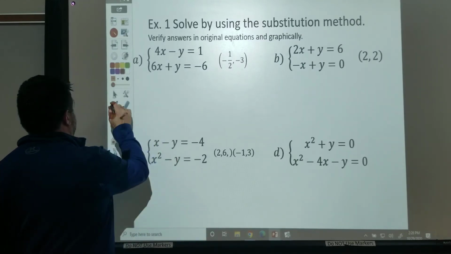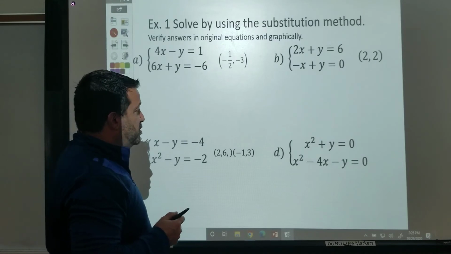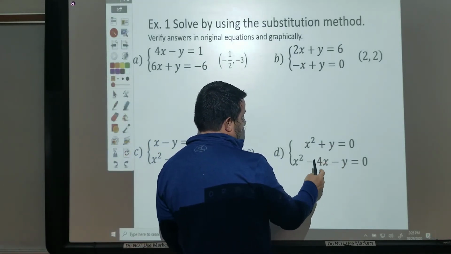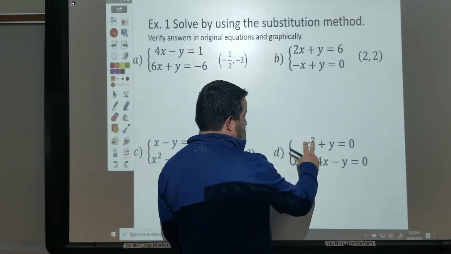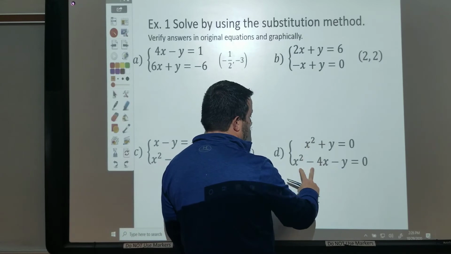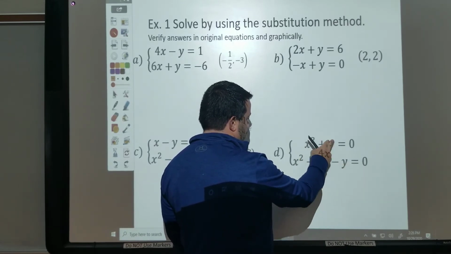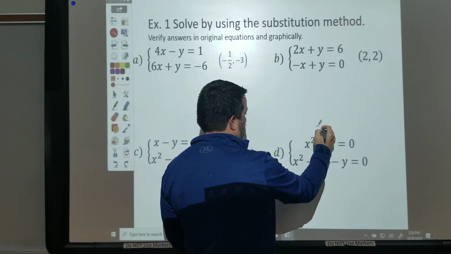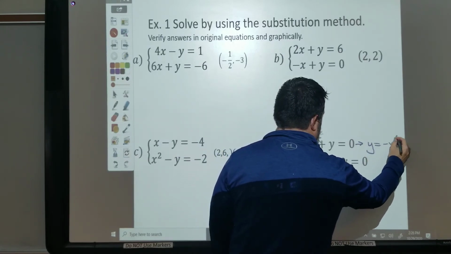So I'm going to assume that you've already tried this, that you paused the video and then you tried this. So again, it doesn't matter which one you solve, but typically, I've got x squared and x here in the same equation, and you could solve for x, but it's better if you solve for the variable that is only a linear term, y here. I would solve this for y and get y equals -x squared.